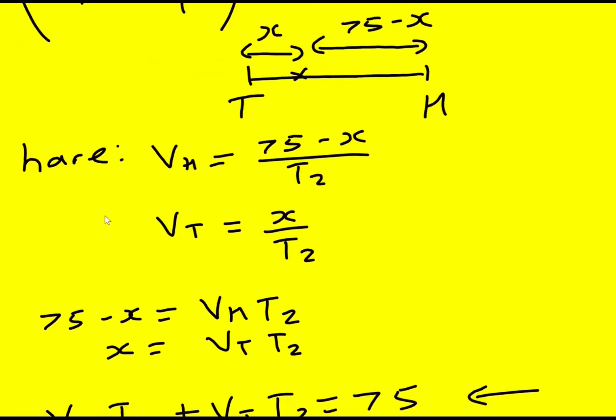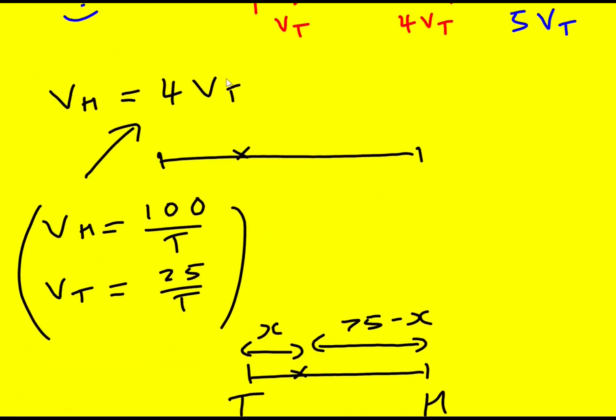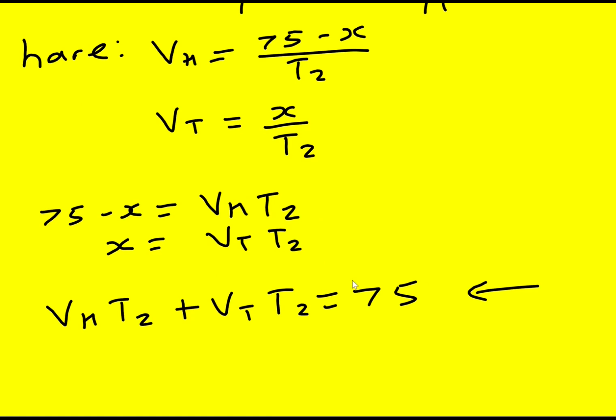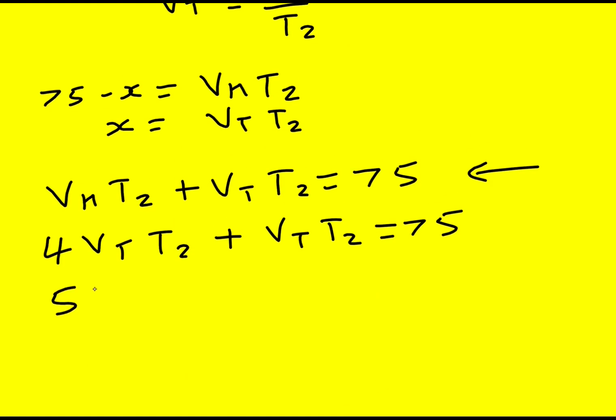Now, remember, VH is 4VT. It's time to bring that in. I can replace VH by 4VT. So 4VT T2 plus VT T2 is equal to 75. And that means 5VT T2 is equal to 75.